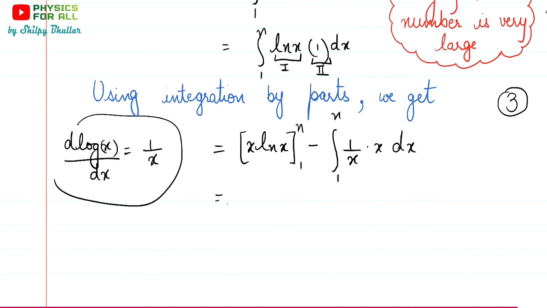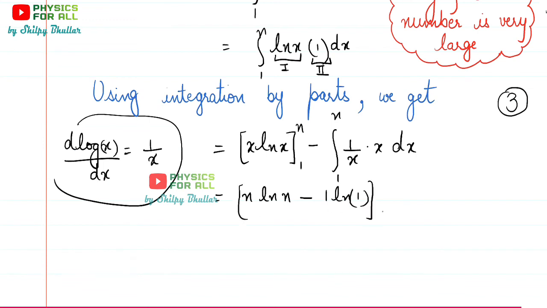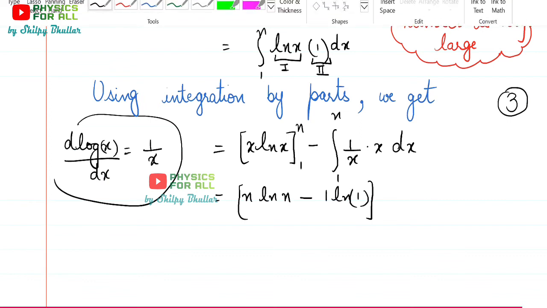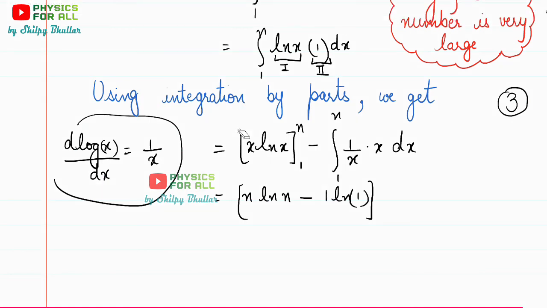So what do we get now? If we have to substitute the values, first we will substitute n ln n minus 1 ln 1, right? And here let me use the standard way of representation that we often use.